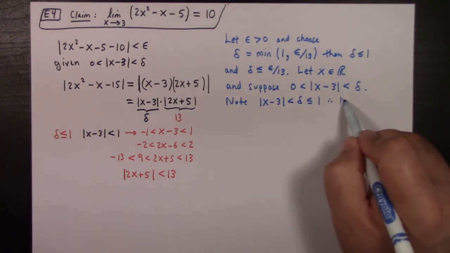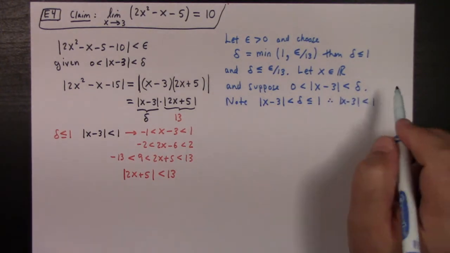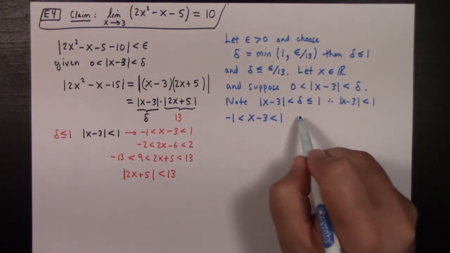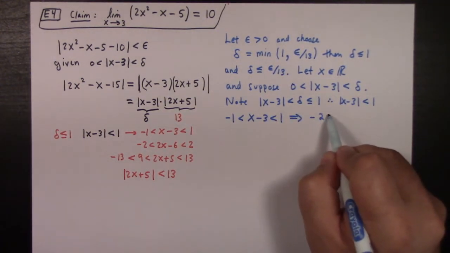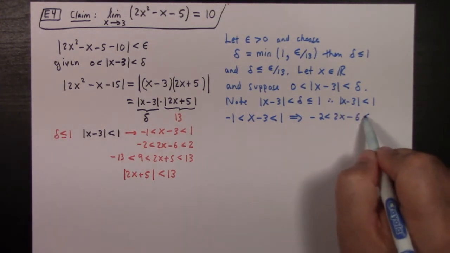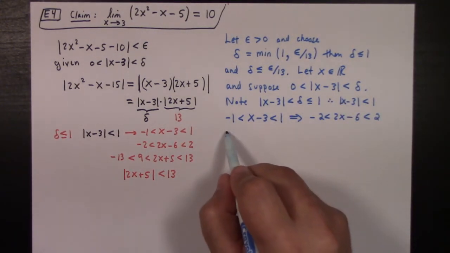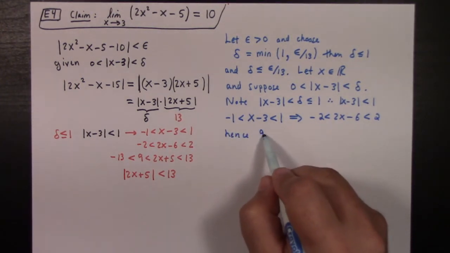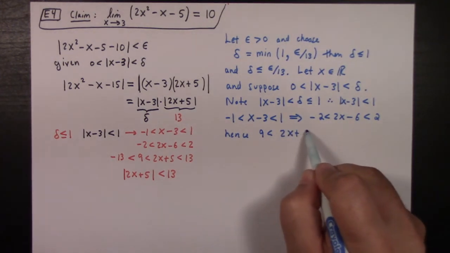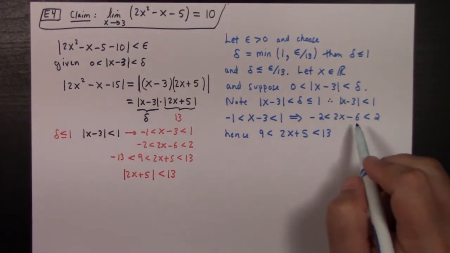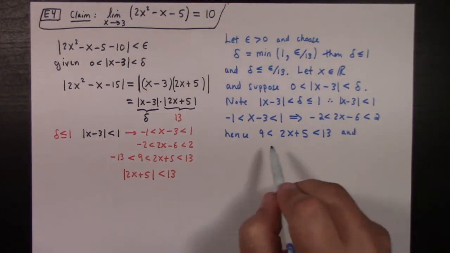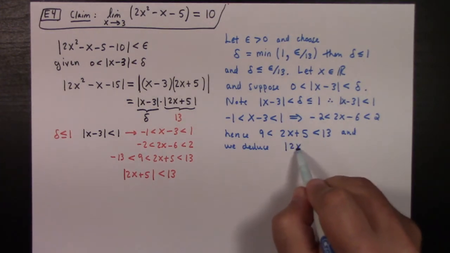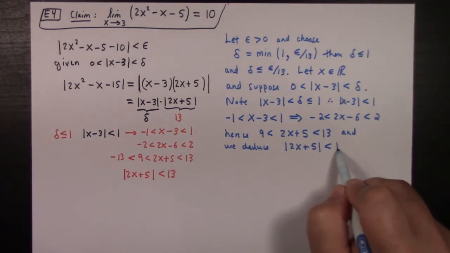Therefore, the absolute value of x minus 3 is less than 1, which gives me that minus 1 is less than x minus 3 is less than 1, which implies that minus 2 is less than 2x minus 6 is less than 2, and hence 9 is less than 2x plus 5 is less than 13, and so we deduce the absolute value of 2x plus 5 is less than 13.